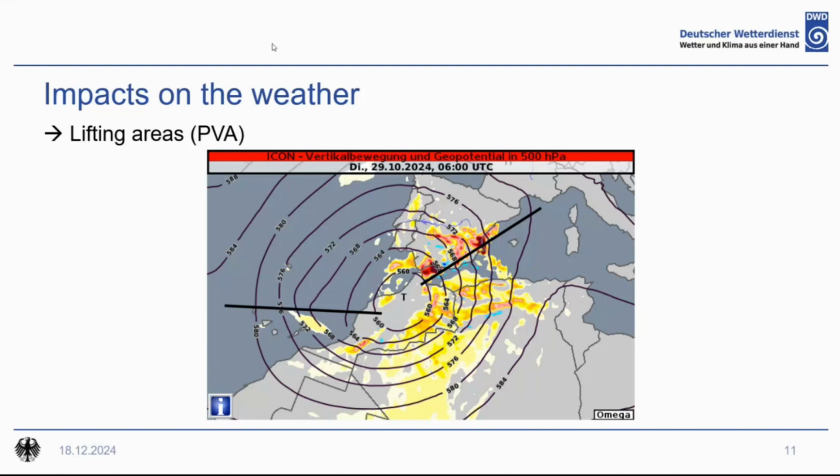The left jet exit above Spain leads to an increased lifting, and the left entrance above the coast of Morocco with the descending air leads to less lifting there, although it is in front of the axis. The axis is shown with the black line in the image. So on the next slide, I would like to show you additional factors.